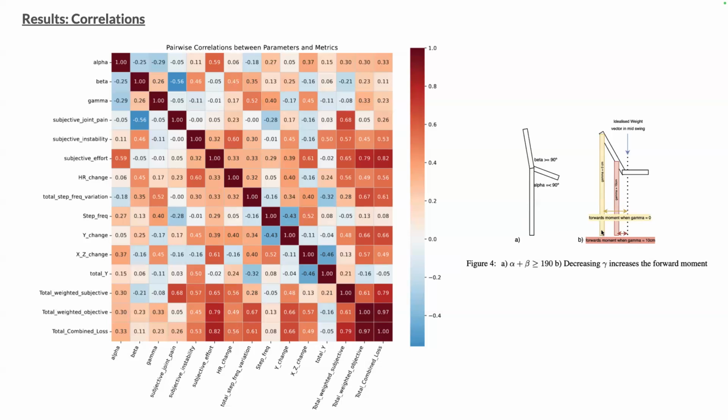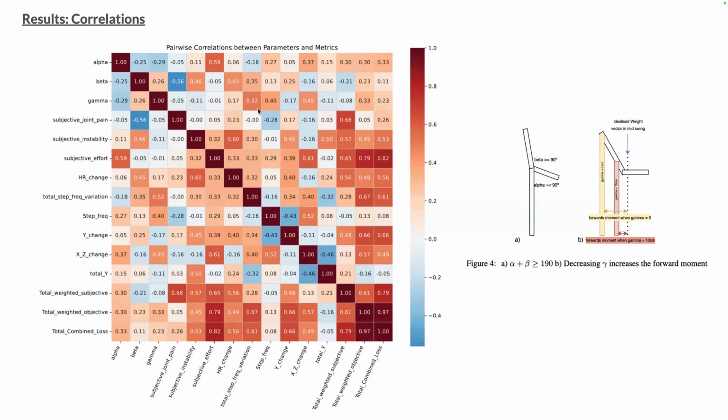So gamma is this distance here between the yellow, for example, and this joint, and the red and the joint. So gamma in the yellow is 0, and gamma in the red, let's say, is about 10 to 20 centimeters. Now, as gamma increases, it's going to be more correlated with step frequency variation and XZ change.